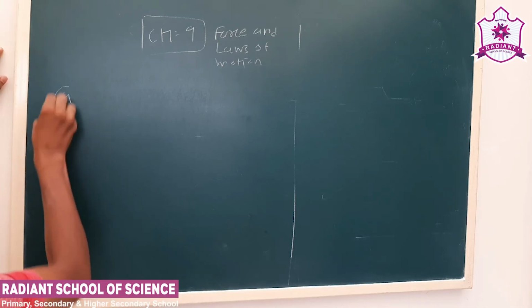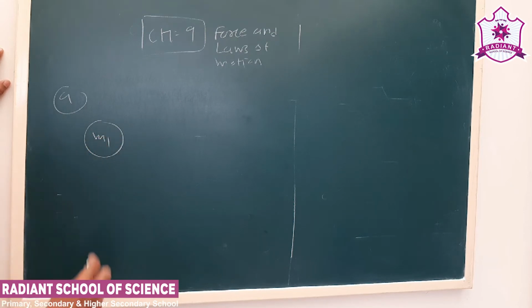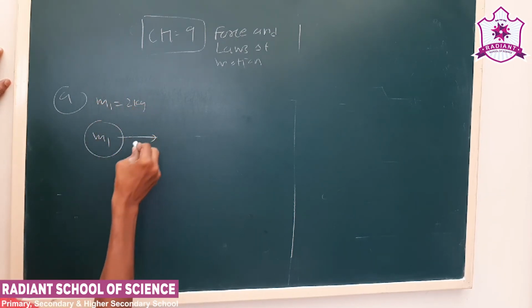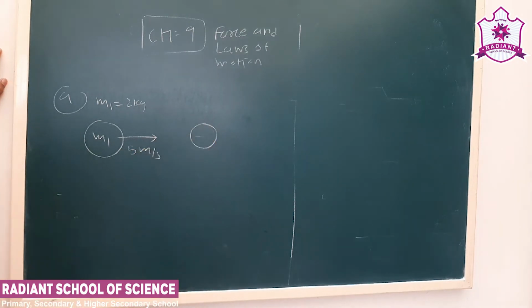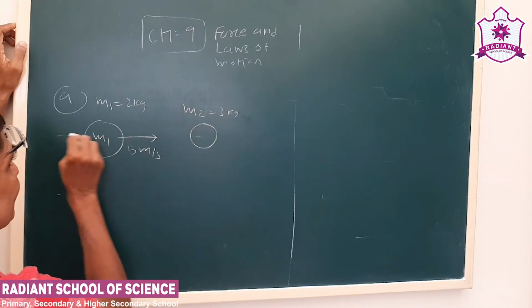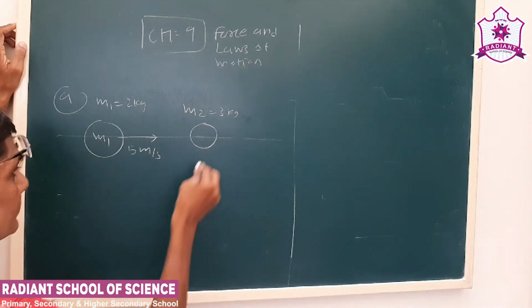Now let us say mass m1 is 2 kg, moves with the velocity of 5 meter per second. Mass m2 is 3 kg, and they move in the same direction.